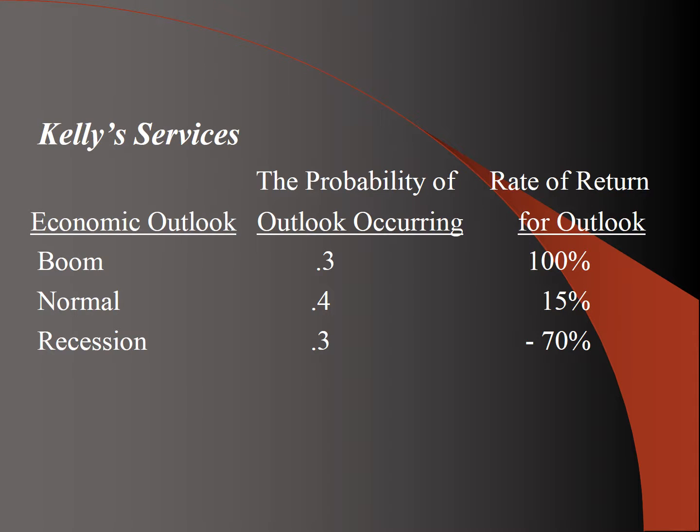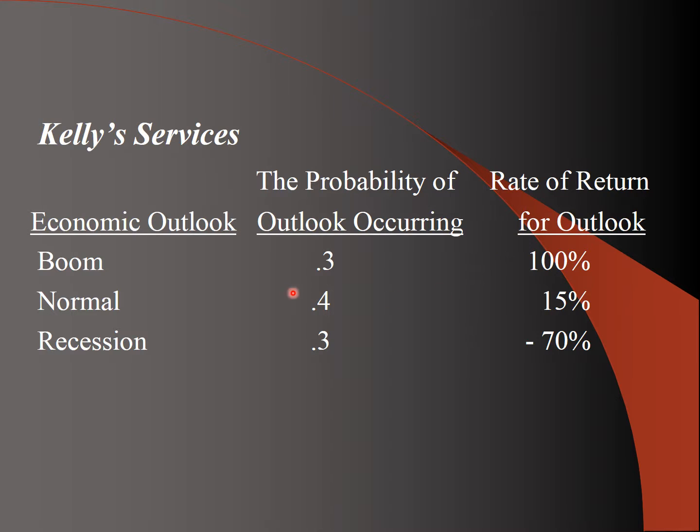So let's take a look at the probability distribution of Kelly Services. Kelly Services is a stock, and we're going to assume only 3 possible outcomes for the returns on Kelly Services stock. And those outcomes are dependent on how well the economy is doing. If we have a booming economy, and we're guessing that there's a 30% chance of a booming economy, then Kelly Services is going to yield a 100% rate of return.